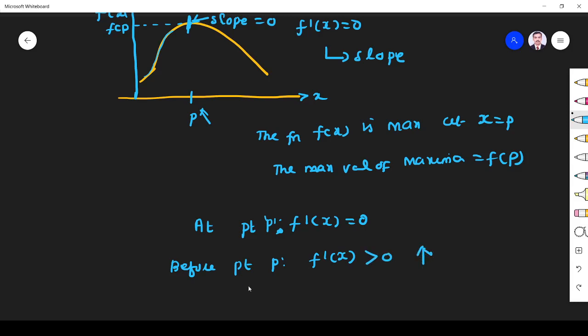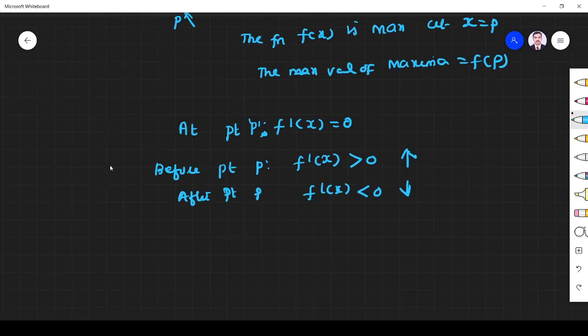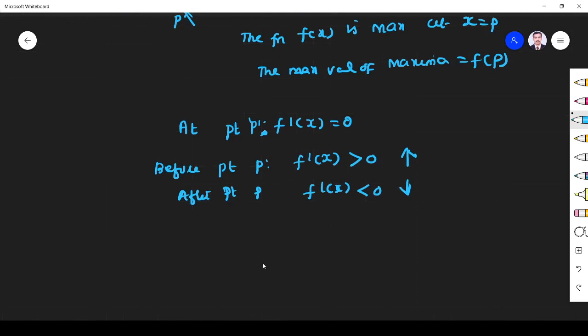After point P, the function is decreasing. The slope is getting reduced and going to the negative side, so the slope is less than 0. From this we can see, let us take our point f of P, because at point x equal to P, f dash of x is 0.